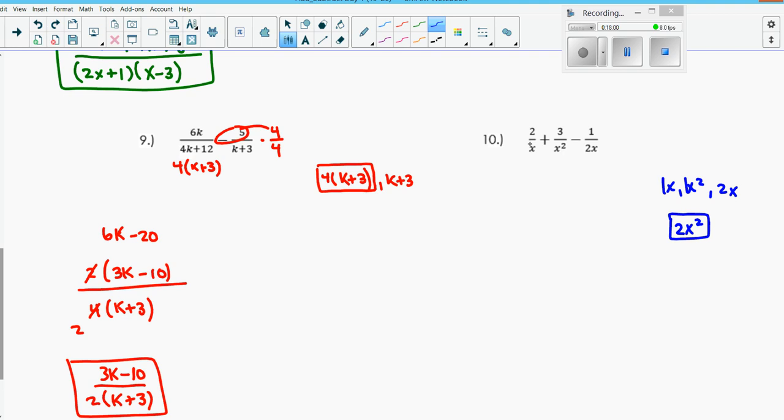Well, this first one, in order to look like that, has to be multiplied by a 2 and an x. So a 2x. And then this is where I want to make sure. A 2x times x gives me a 2x squared, so that's good. And the next one, in order to make it look like a 2x squared, I need to multiply by a 2 over 2. The next one has a 2x, so it needs to be multiplied by an x over an x.